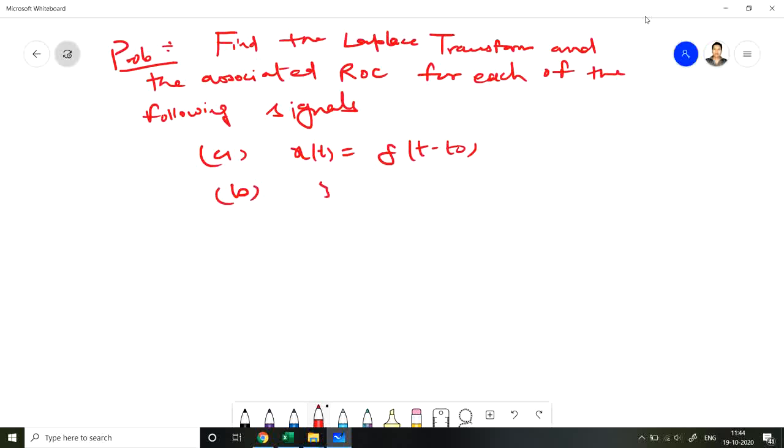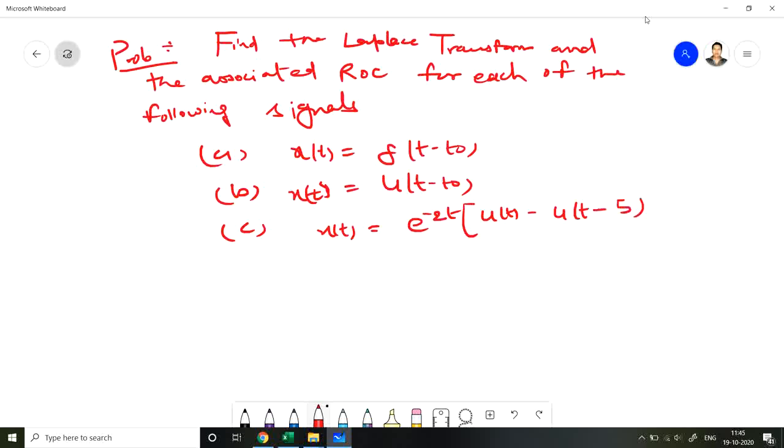Then x(t) equals u(t minus t naught). Third is x(t) equals e raised to the power minus 2t u(t) minus u(t minus 5).